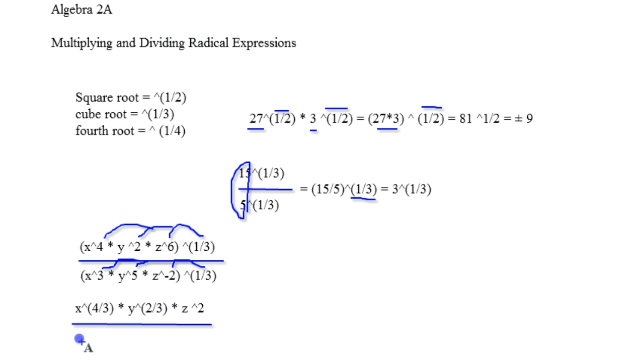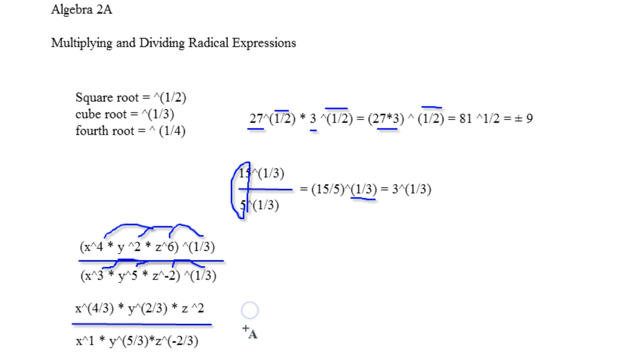All right, and then on the bottom, that would be x to the first, because 1/3 times 3 is 1. Okay, y to the 5/3 times z to the negative 2/3.